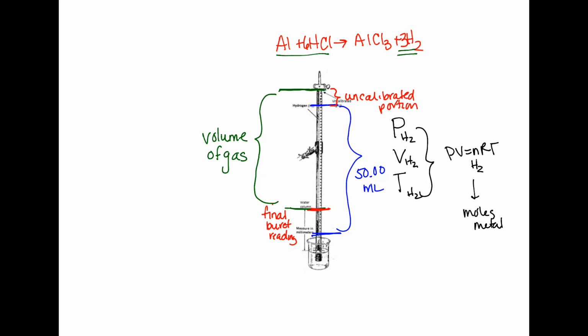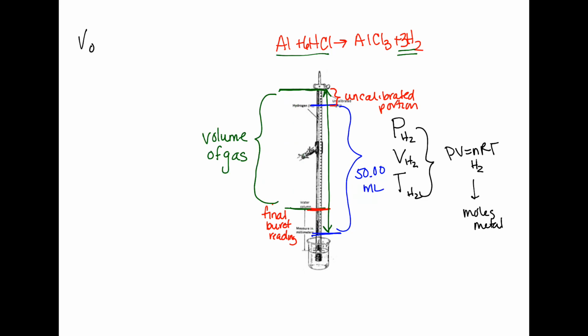So how we can put all these numbers together to find the volume of our gas is we can take the uncalibrated portion and the 50 milliliters and subtract out this final burette reading. So we're taking this entire area and we're subtracting out this area, and that will get us the volume of our gas.